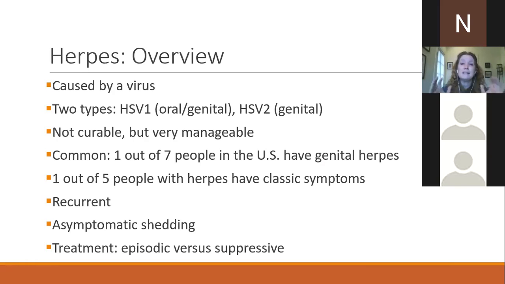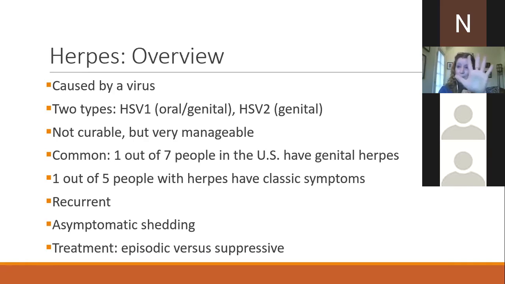So 1 out of 7 people in the United States has genital herpes. Next time you're in a big crowd, you can just count 1, 2, 3, 4, 5, 6, 7, and you'll see there's a lot of people. And only 1 out of 5 of those people will have classic symptoms.